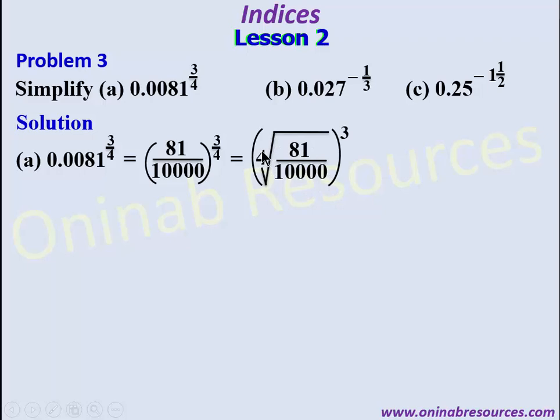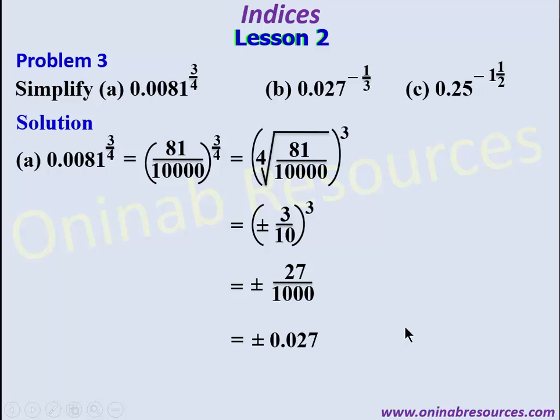And remember, since the 4th root is even, we are going to have it as plus or minus. 4th root of 81 is 3, and 4th root of 10,000 is 10. Then 3 over 10 raised to power 3 will give us 27 over 1000. And to decimal, it becomes plus or minus 0.027. And that is the solution of problem 3A.